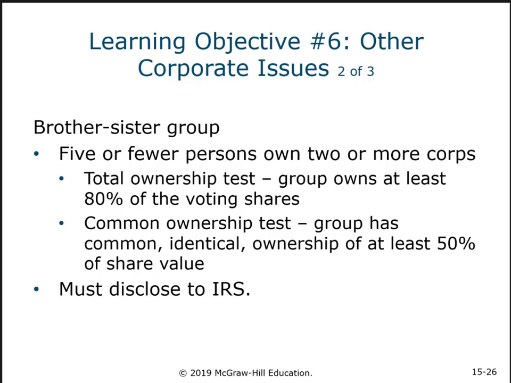So George and his brothers own 4 different corporations. They could file together if they own the same percentage of each of the corporations. It's not that they all have the same single parent, but that they are all brothers and sisters because they are all owned by the same few people. You could also put those together in one return.